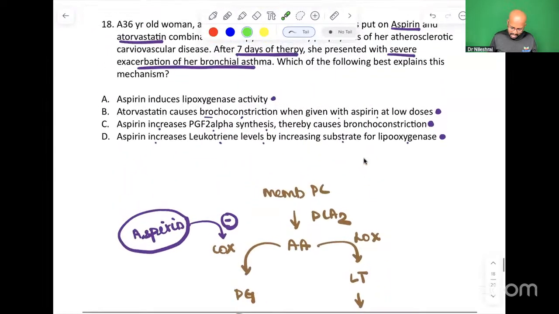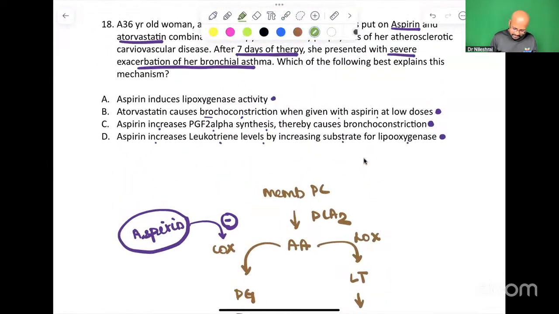So here, out of all this, let's look at the first statement. Aspirin induces lipoxygenase activity. No, it is not going to induce any lipoxygenase activity. Activity will remain the same, but we are just increasing the substrate concentration for lipoxygenase. We are just playing with English terminologies here. Option B, atorvastatin causes bronchoconstriction when given with aspirin at low doses.